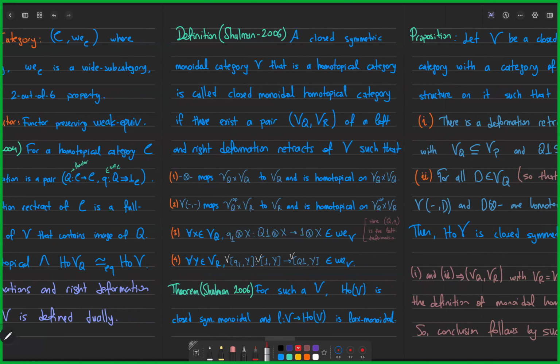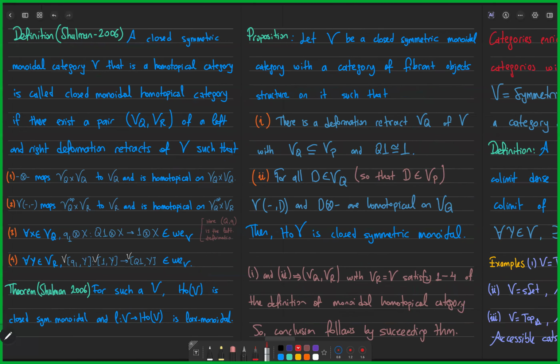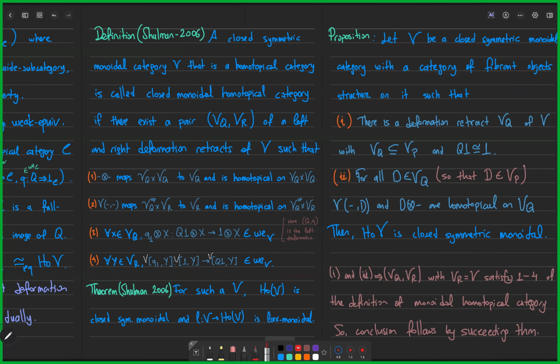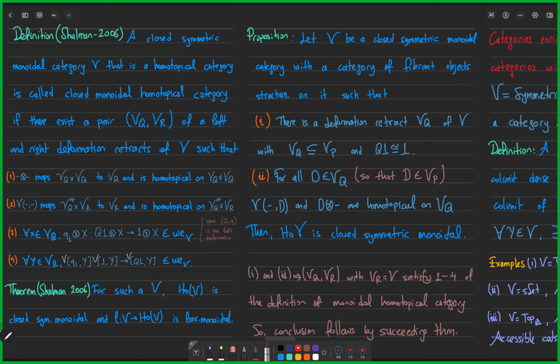So we have a proposition for symmetric monoidal categories with fibrant objects. Suppose that V is a symmetric monoidal category, which also has a category of fibrant objects structure on it, and there is a deformation retract VQ of V, in which every object is pseudo cofibrant.